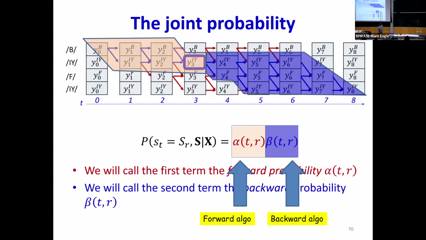Right. So, but then here's the thing. This is going to be the probability of the graph that goes through this node.